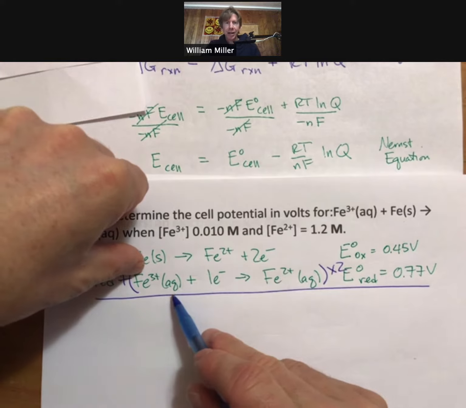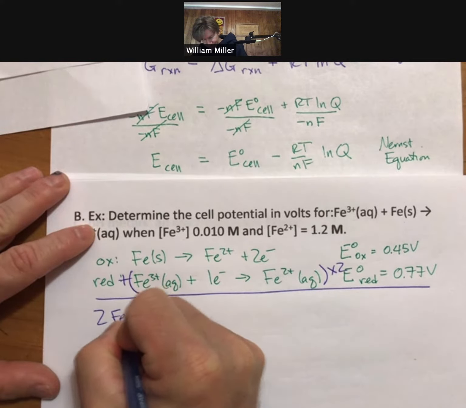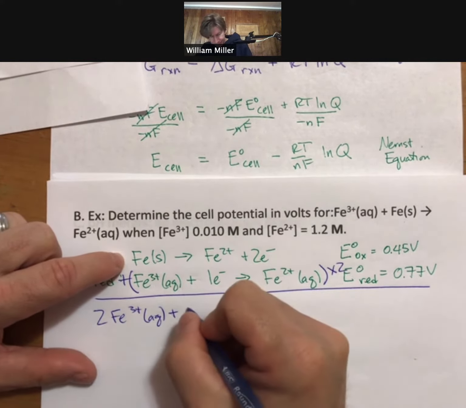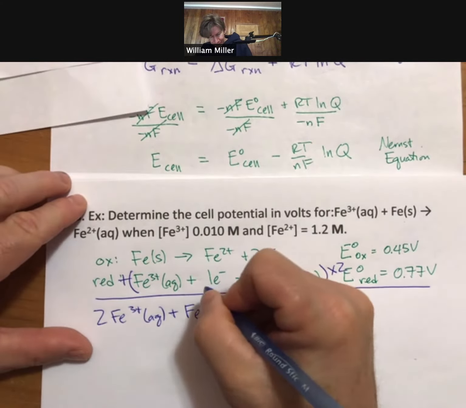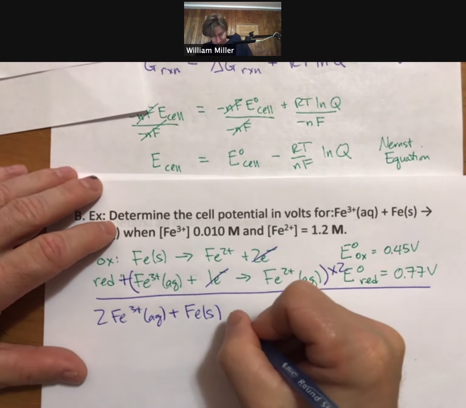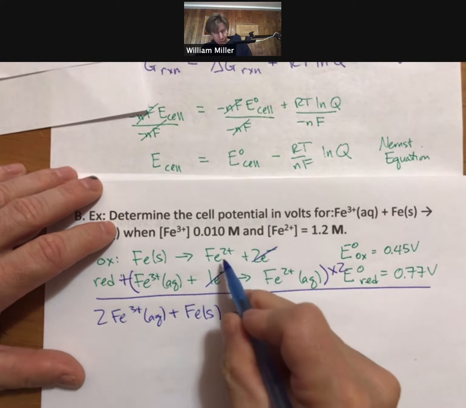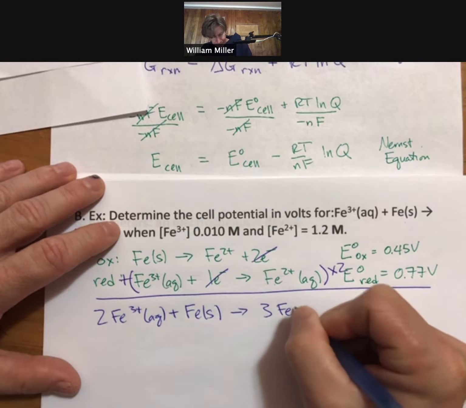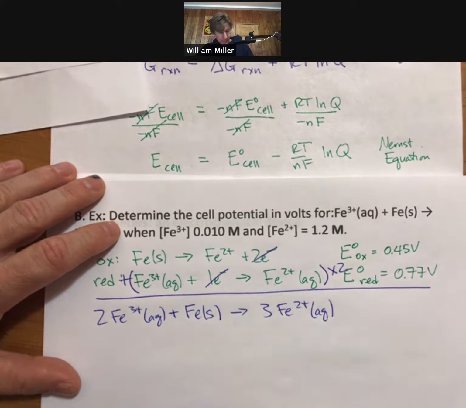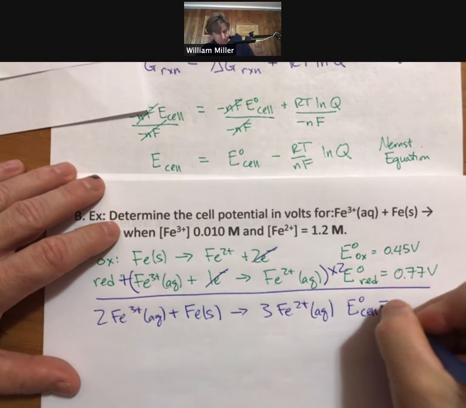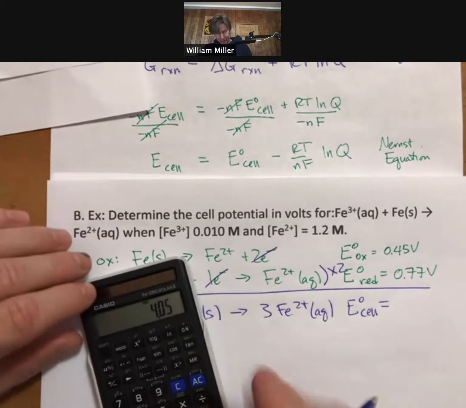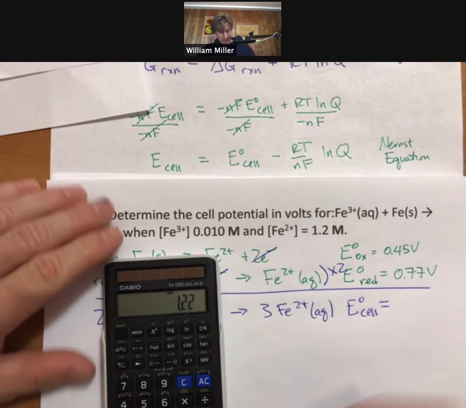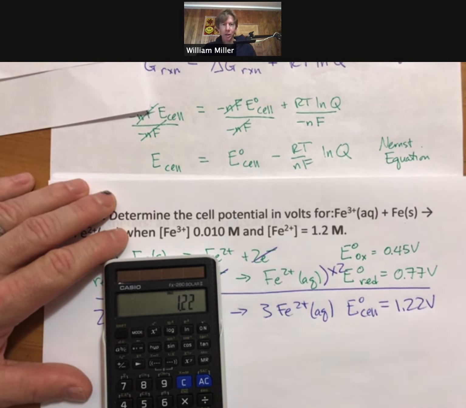So 2 iron 3 plus ions plus iron solid. My electrons cancel out, and I'm left with 1, 2, 3 iron 2 plus ions, with a standard cell potential of, I'm not sure I trust myself to add this up unless I use a calculator, 1.22 volts.